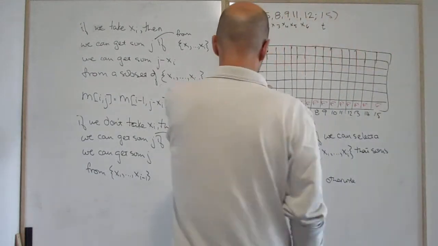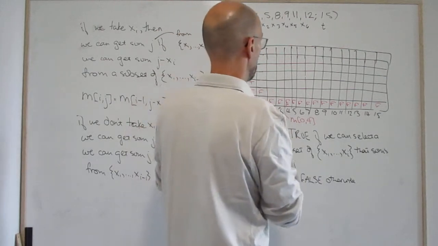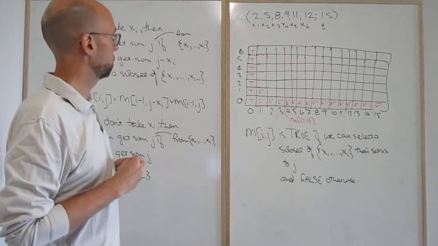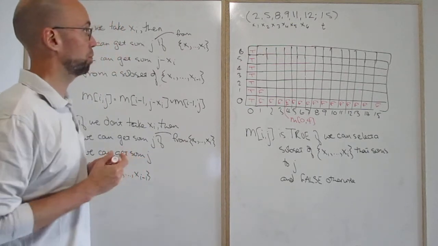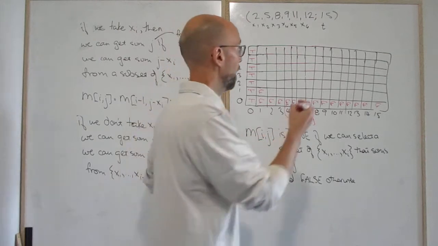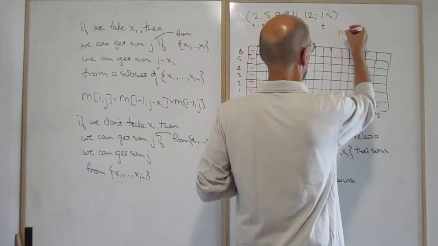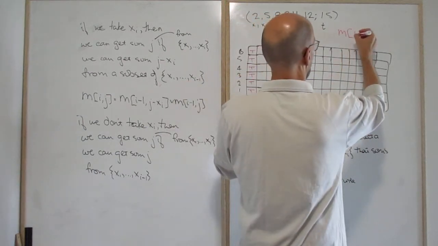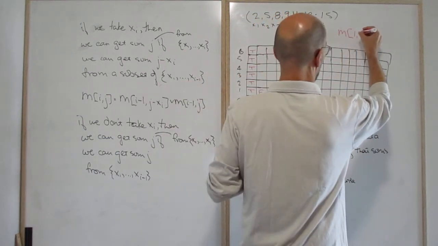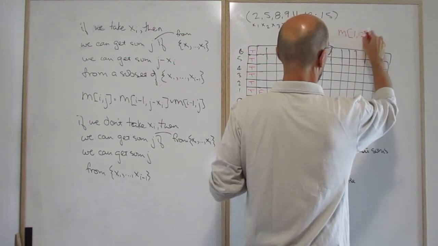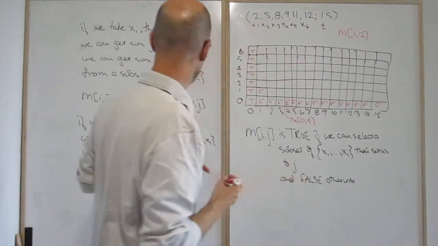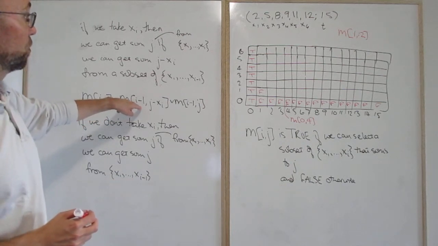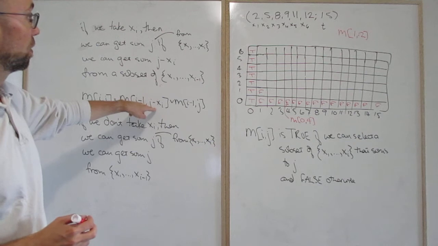What is this asking? This is M2. I need more space. This is M1, 2. So M1, 2, we ask about M0, 0, right?